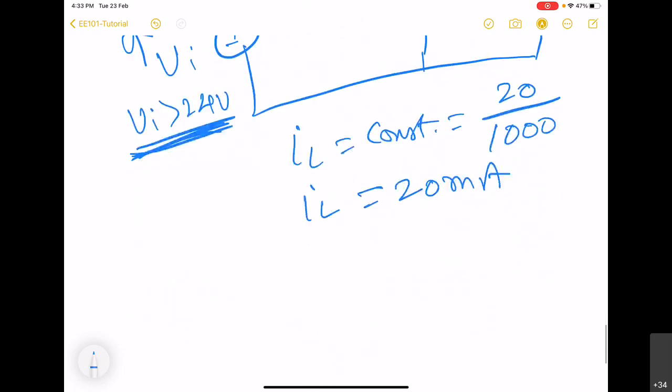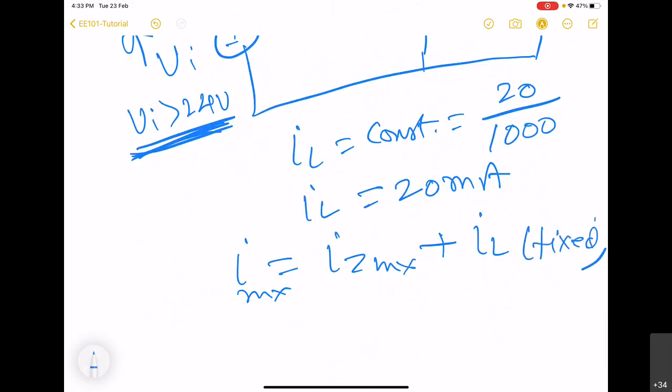So we have to see that the maximum of this will be decided by Iz max, because IL is always fixed. And this is 20 milliampere, we have already calculated, and the given maximum Iz is 60 milliampere.